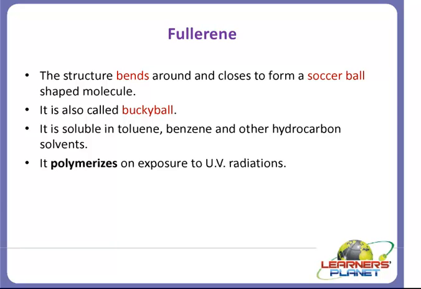Polymer consists of a large number of monomers. Say one monomer is C60. The another monomer would be again C60. Another monomer C60. Say polymer. So when it is more than 4 monomers, it becomes a polymer. So when you expose this Buckminster fullerene to UV light, what will happen? It will get polymerized. Right?